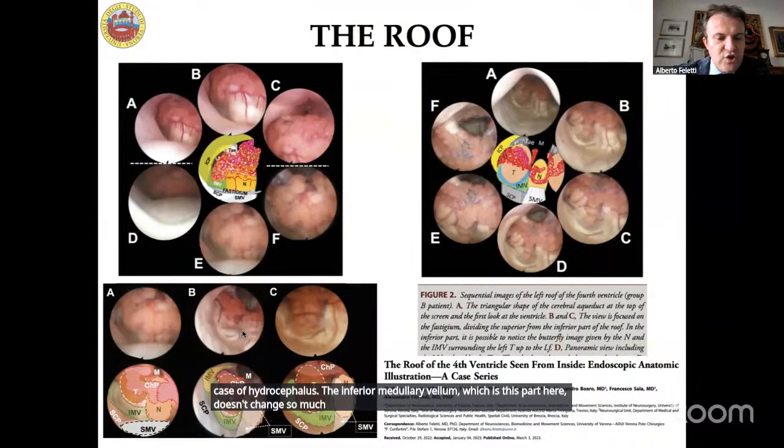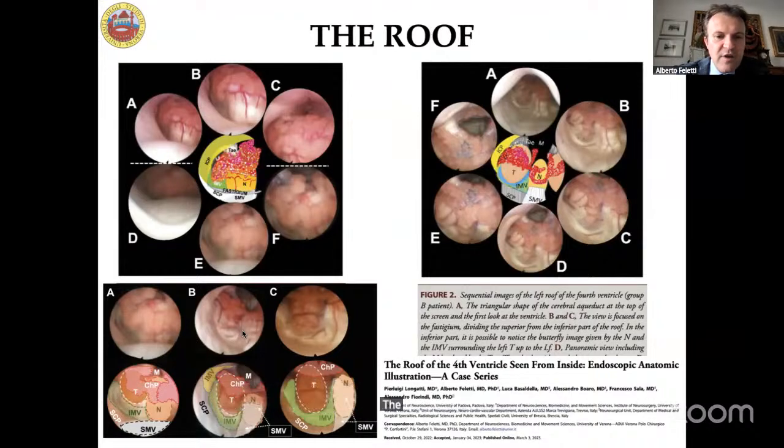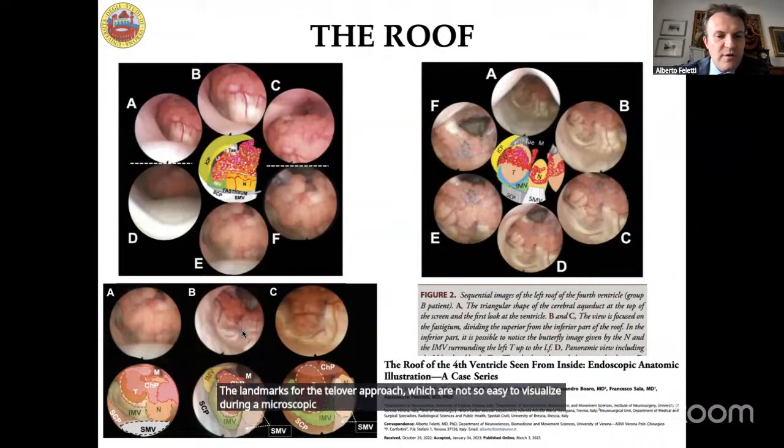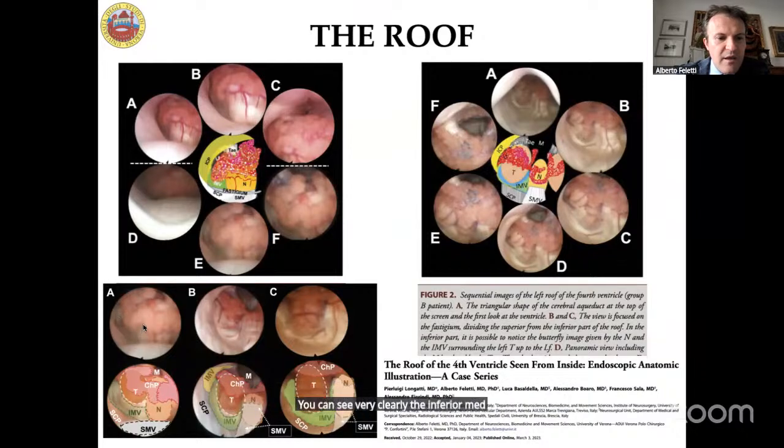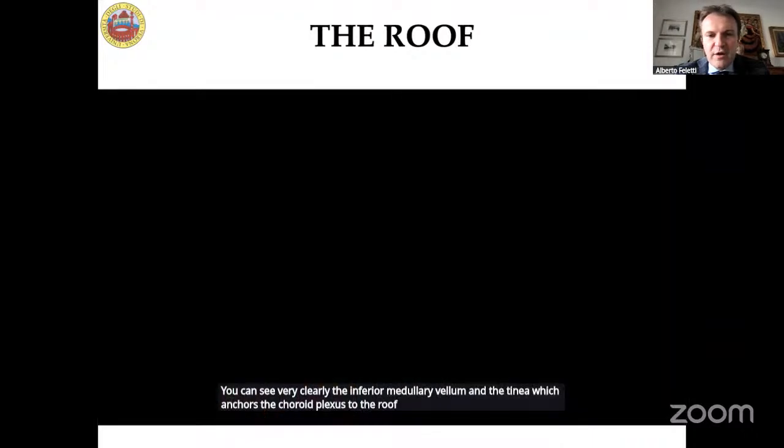Another privilege of exploring the fourth ventricle roof with a flexible endoscope is that you can actually see the landmarks for the telovelar approach, which are not so easy to visualize during a microscopic approach because they are covered by the uvula, by the cerebellum. But from inside, you can see very clearly the inferior medullary velum and the tinea, which anchors the choroid plexus to the roof of the fourth ventricle.